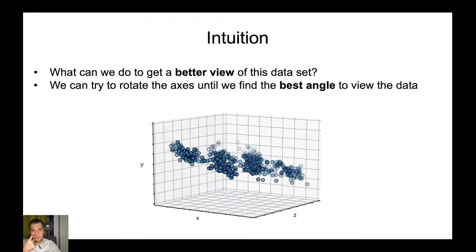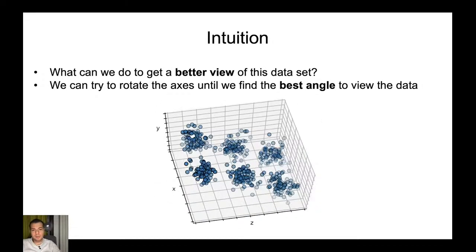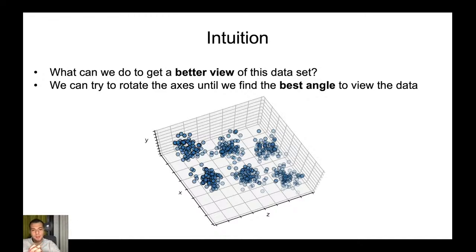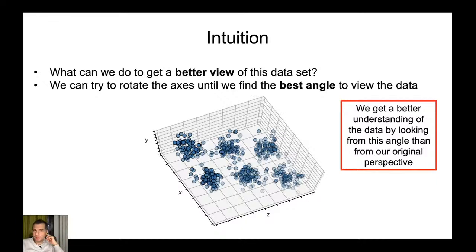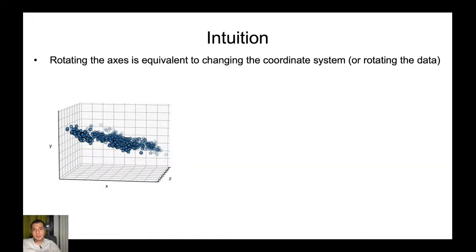If you try to move around this data set in a three-dimensional space and look for a better angle, you will find that there seems to be some organization of the data into 6 classes. So this is the main intuition behind PCA: to try to find this rotation automatically. We want to get a better understanding by looking from an angle that gives us a better perspective.